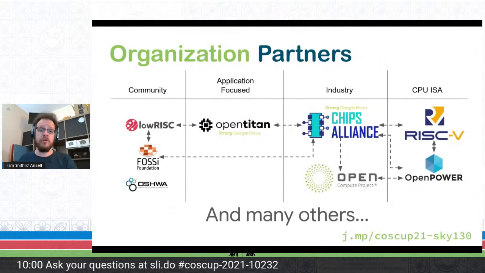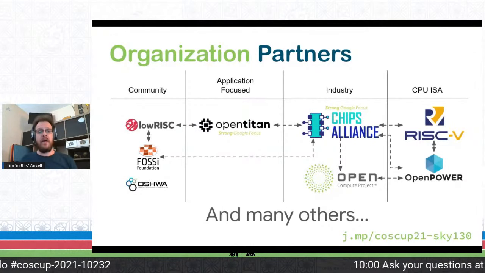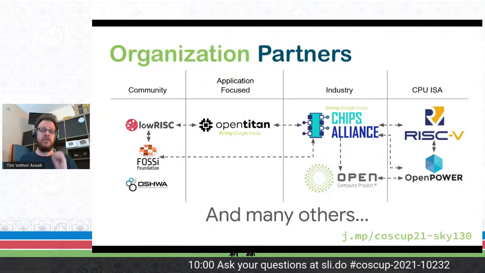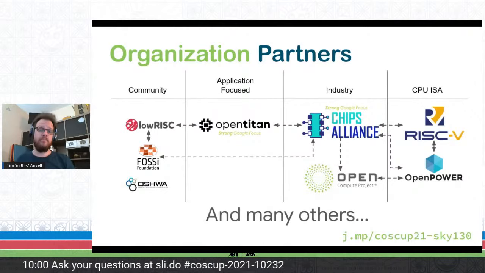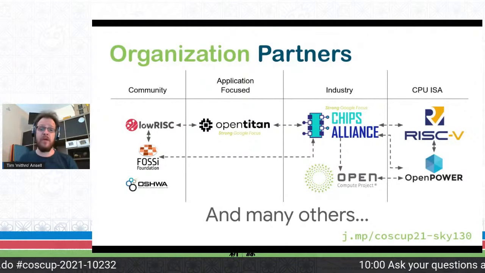There are also multiple different organizations that we're working with and are focused on many different areas. The CHIPS Alliance is definitely a really important organization that I'm working very heavily with.